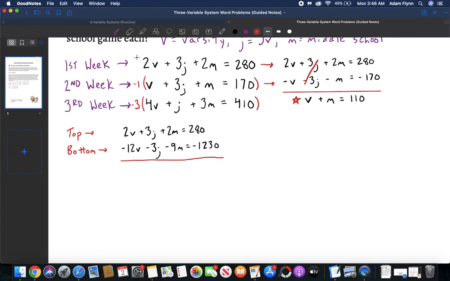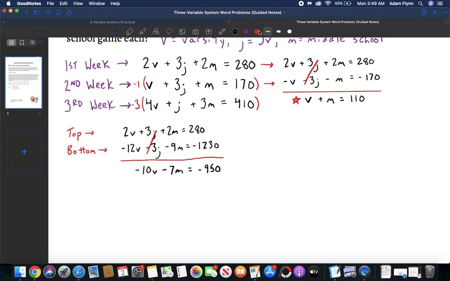So now when I combine these, my j's are going to eliminate. I'm going to be left with -10v minus 7m equals -950.